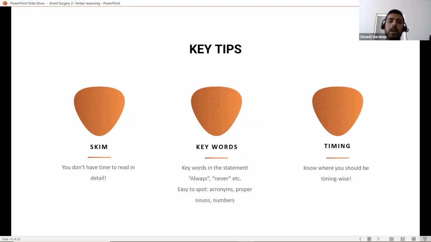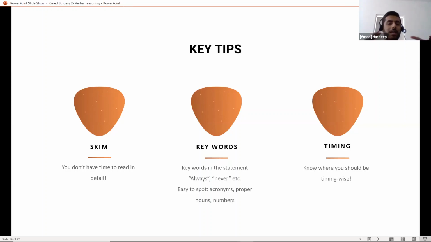So the first one is skimming, which you can see how important that is. And someone did ask me a question about how to get better at speed reading. That's something that will definitely come with time. But the other thing is not needing to speed read necessarily by using keywords.